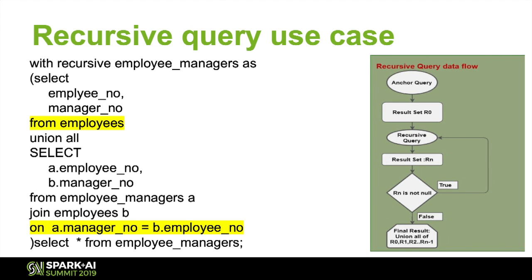And then this data set is used again in the iteration part to get the upper three level managers of an employee. This iteration continues until there's no new employee manager relation, or it has reached the hard iteration count limit.